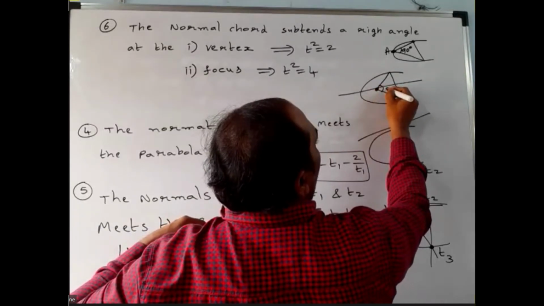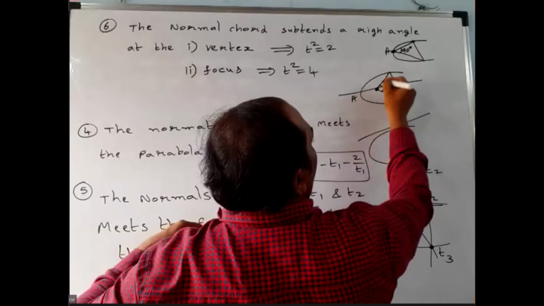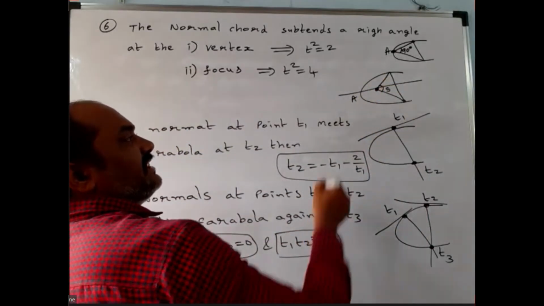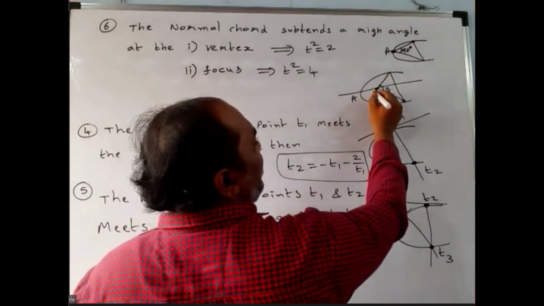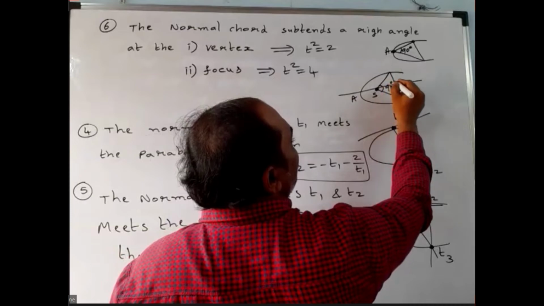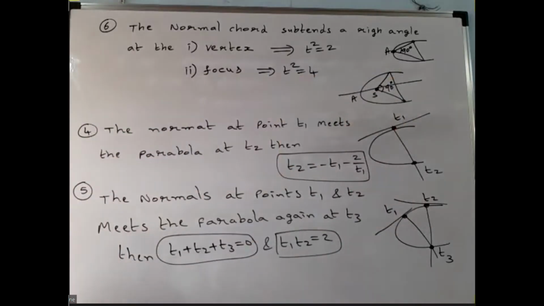Okay, this is focus. Then what is the condition? At the focus 90 degrees means t square is equal to 4. At the vertex 90 degrees means t square is equal to 2.